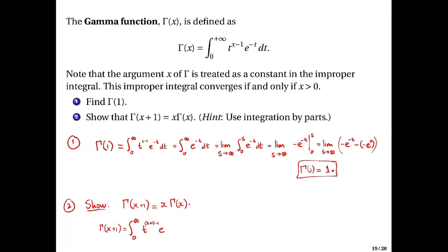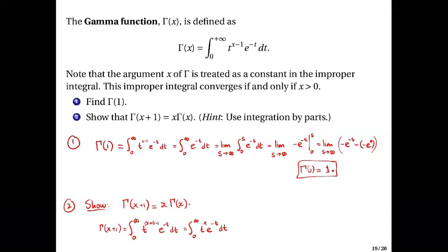Then we have e to the minus t dt. And this guy here, it's just the integral from 0 to plus infinity of t to the x, e to the minus t dt.